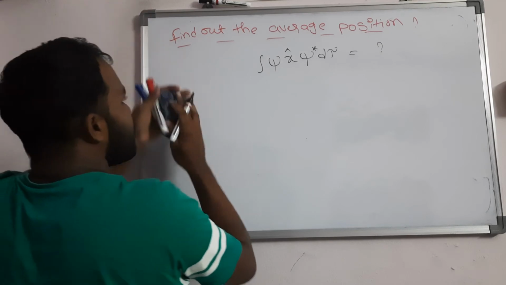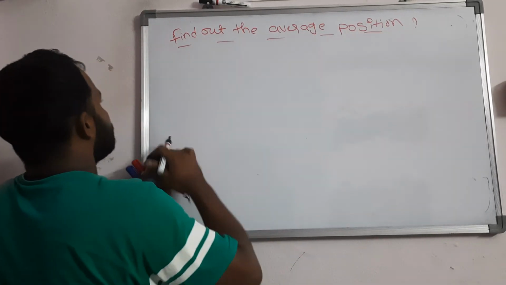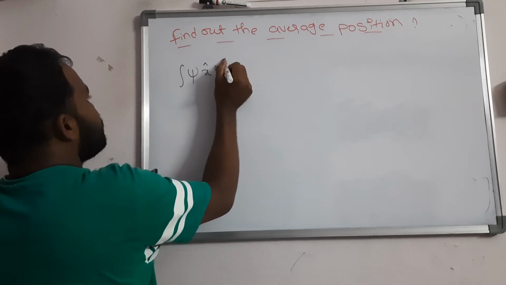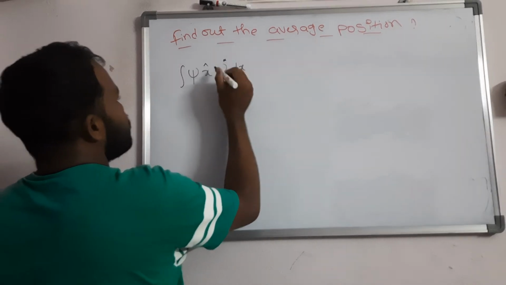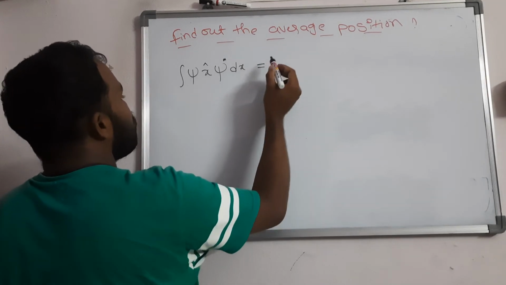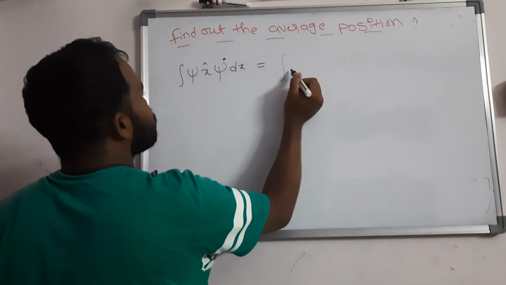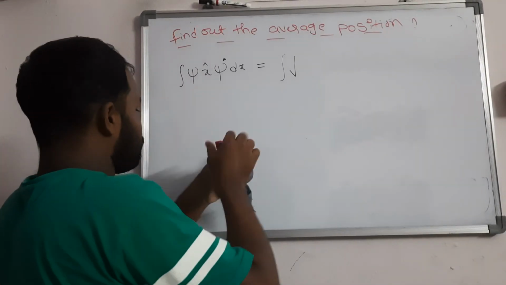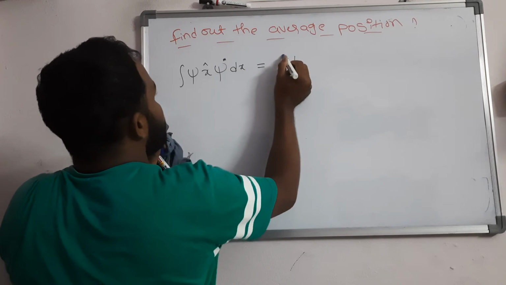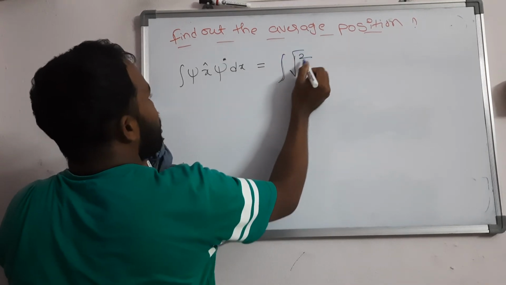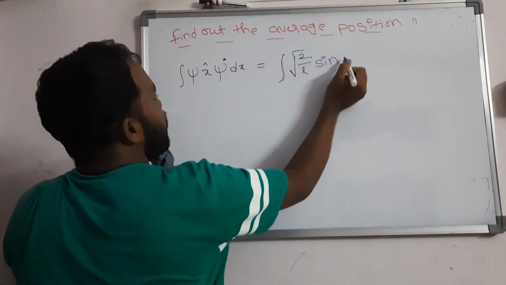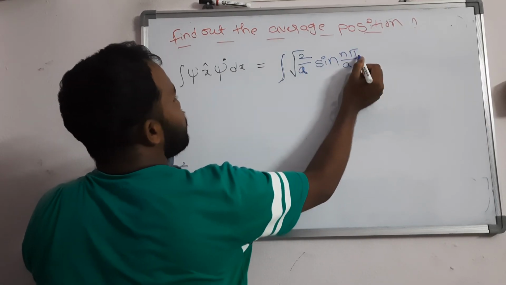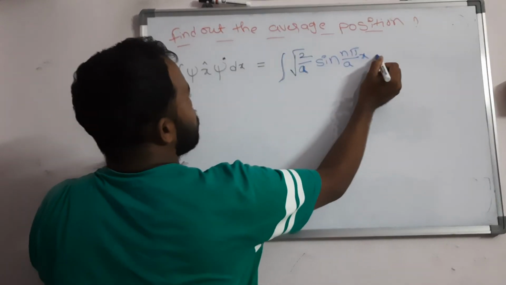First, psi, you already know that. What is the psi value? You should write the starting step: psi into x cap into psi star into d tau. d tau means, in place of the terms, you should take dx. The integration: psi is root 2 by L into sine n pi by a into x, with limits 0 to a.